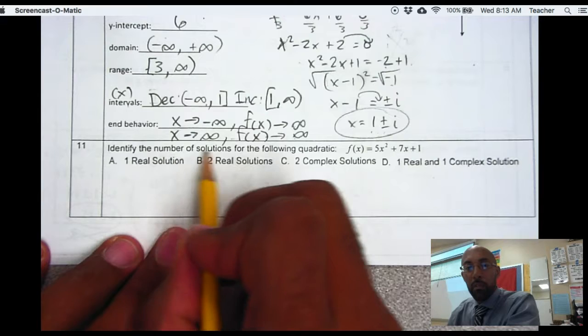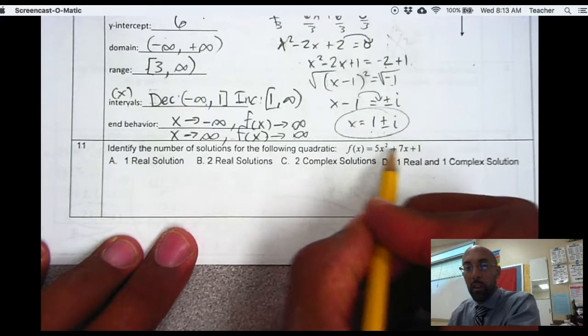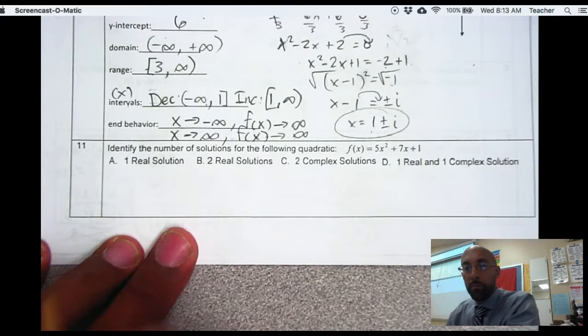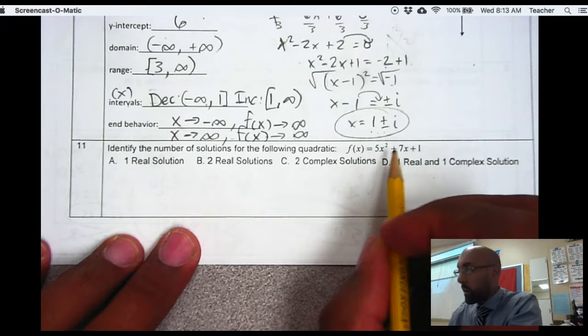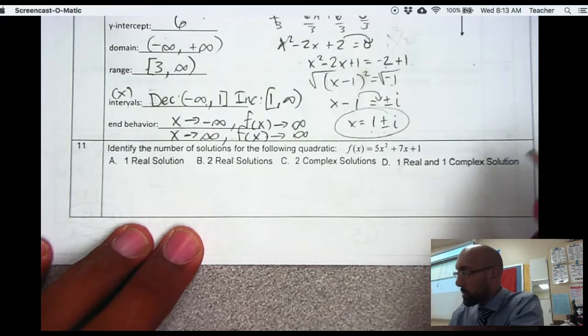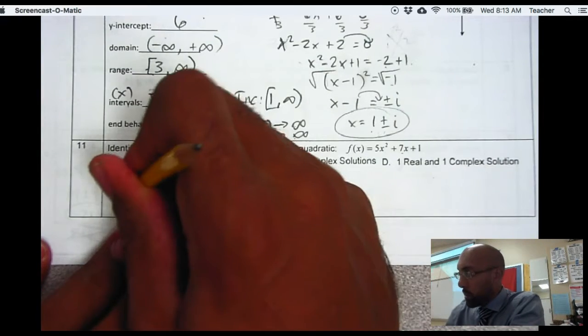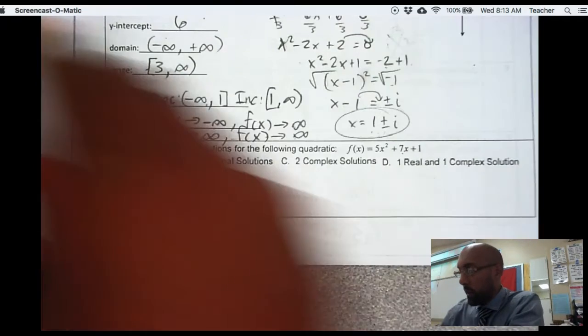Okay, identify the number of solutions for the following quadratic. Well, let's go ahead and find the vertex, see where that's at, and then we can go from there.